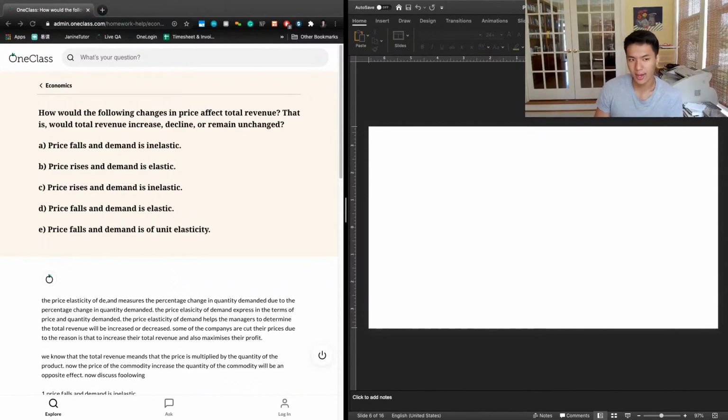So first scenario A says price falls and demand is inelastic. What we know for these types of problems is that we're looking to really tie in our understanding of the total revenue equation, which is price times quantity, with what happens on demand curves that are either elastic or inelastic.